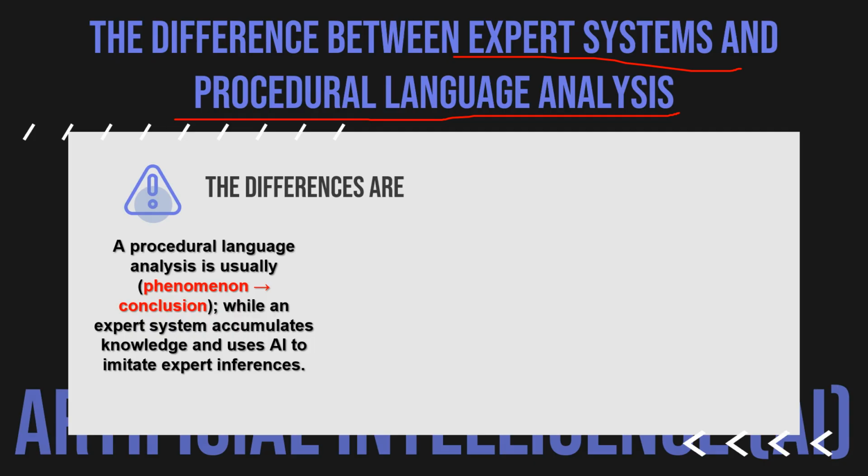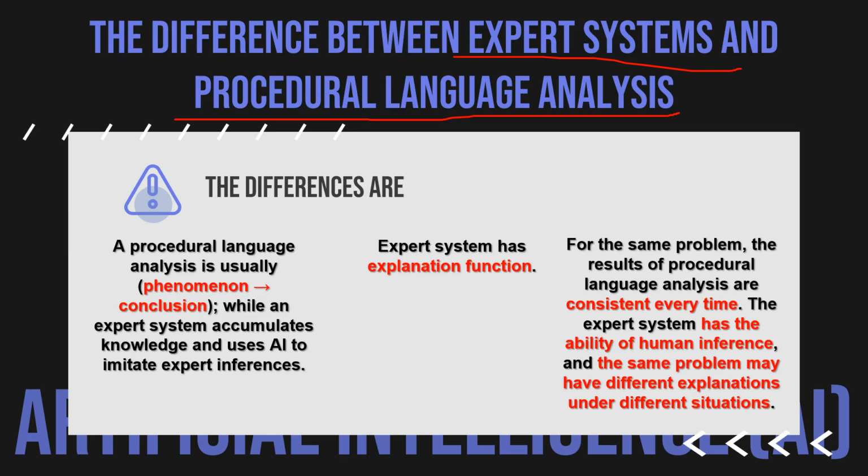And the expert system has an explanation function. For the same problem, the results of procedural language analysis are different every time. But the expert system has the ability of human influences, and the same problem may have different explanations under different situations.